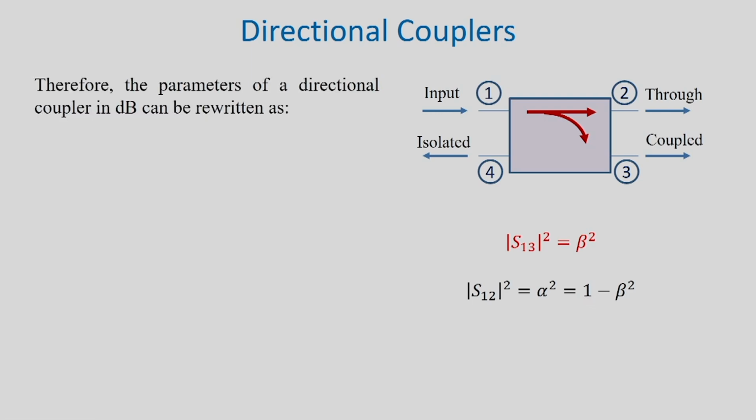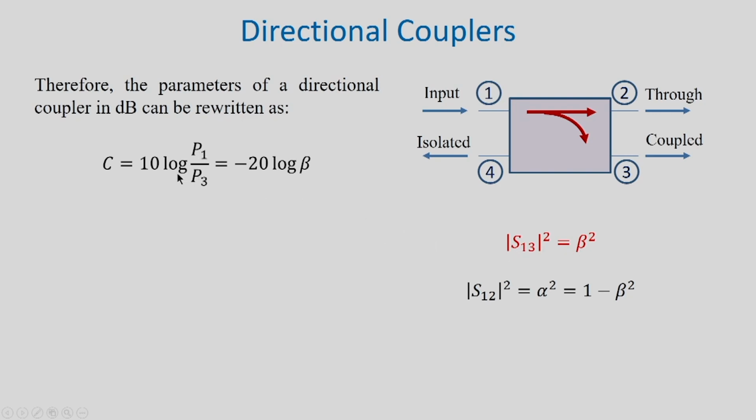And we can write the parameters of the directional coupler in dB as, now C becomes the coupling, 10 log P1 by P3, and P3 by P1 is mod S13 square, which is beta square.